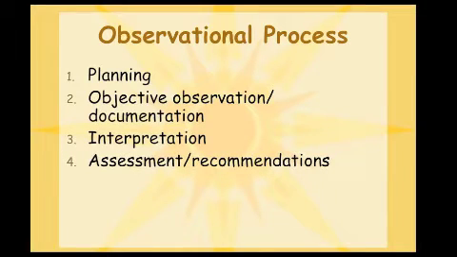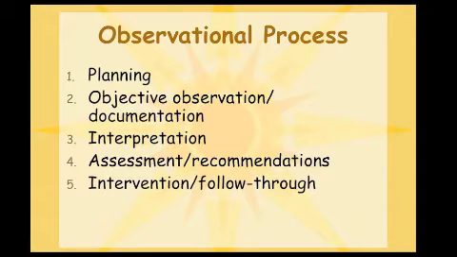Step 4 is your assessment or recommendations. Based on your interpretations of the objective observation, what's the best way to intervene? What does the child need? Behaviorally, physically, cognitively, emotionally, socially? And the last step is intervention or follow through.